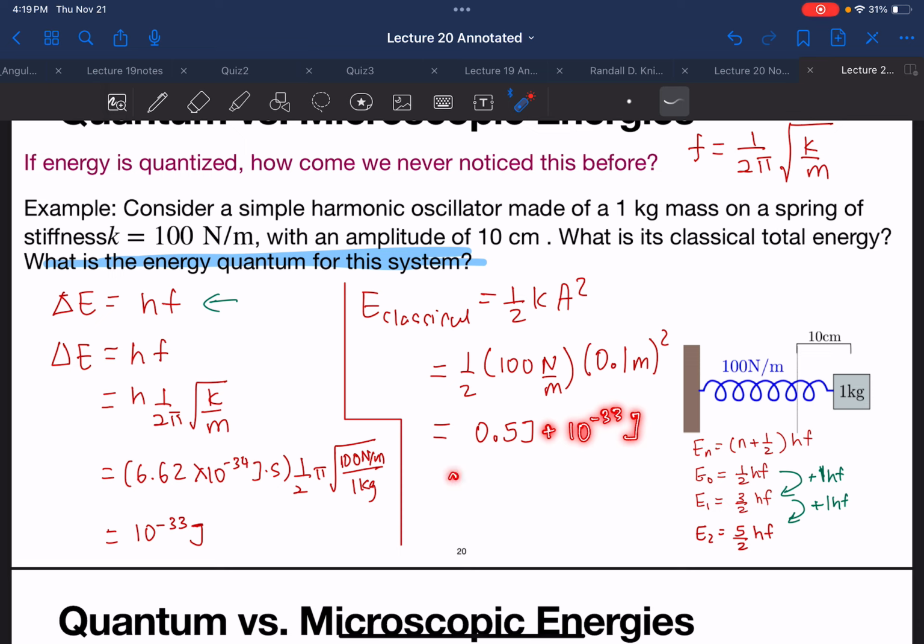Well, that's 0.5, then a decimal point, I would write 31 zeros and then there will be a 1.